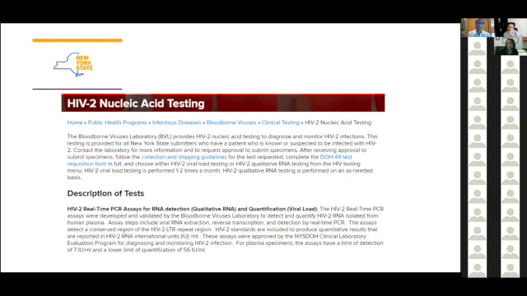But this is an option, and we can work with them. Unfortunately, we can't bring this test in-house, because it would be more expensive to run the test than to have the volume required to justify bringing it in-house. But this is an option, and it's doable. So this is all I have to say, and I can answer any questions. And I will stop sharing if I can.